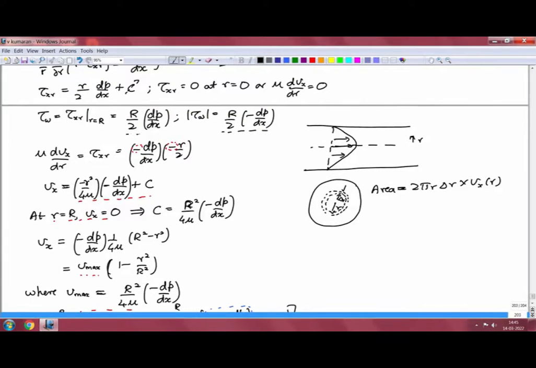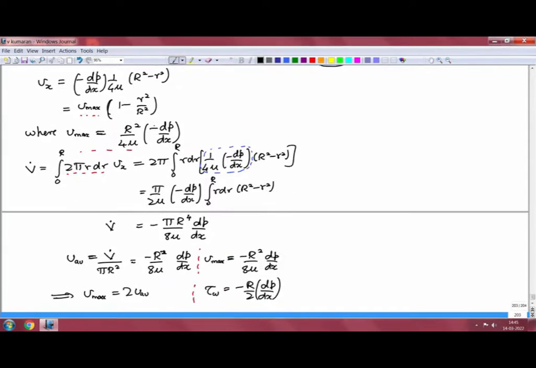This was the wall shear stress. So, that is the magnitude of the wall shear stress, r by 2 times dp by dx.